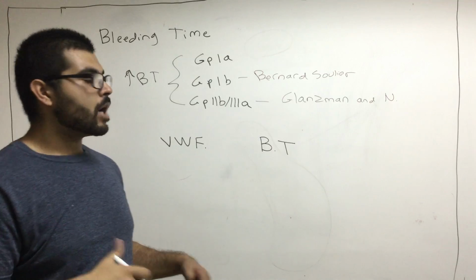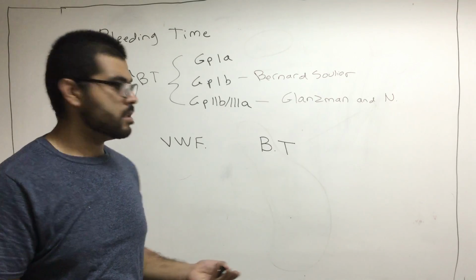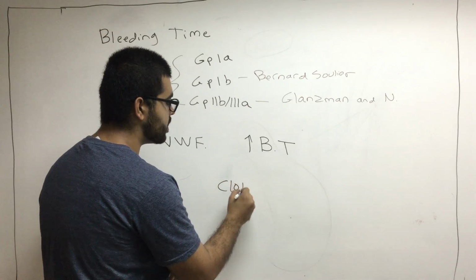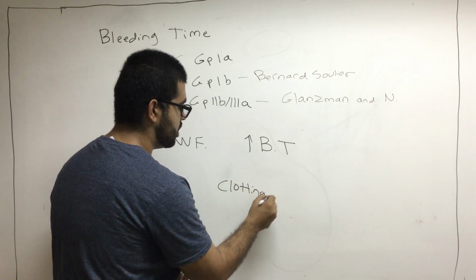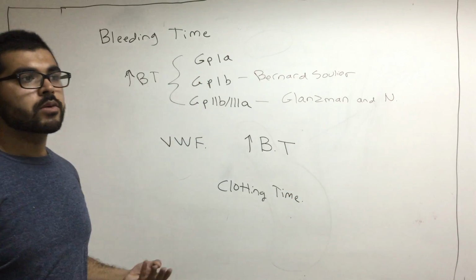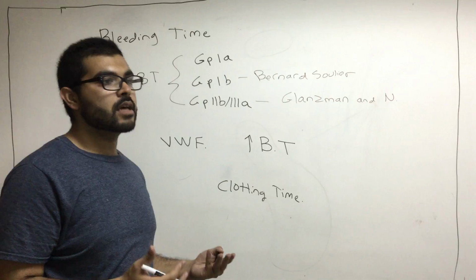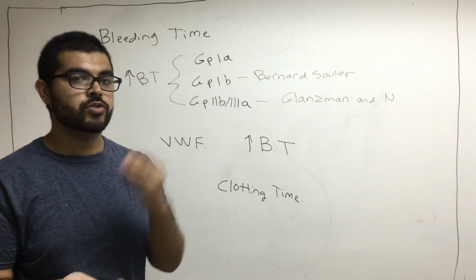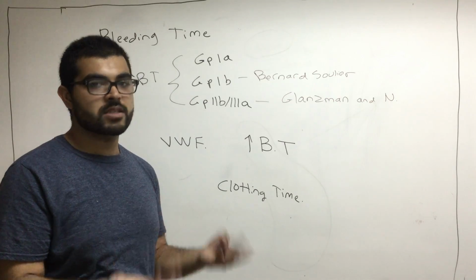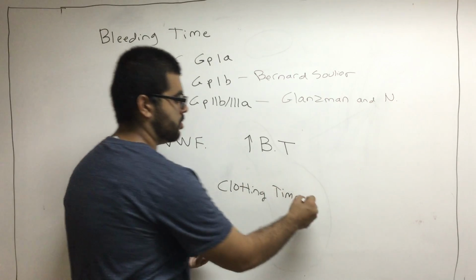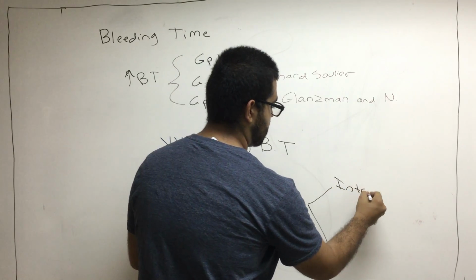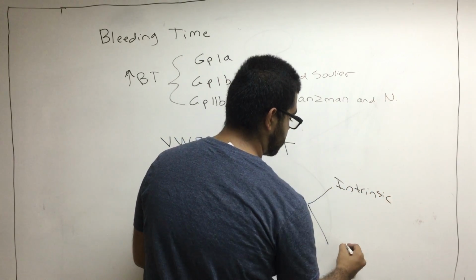But what about our clotting time? Will that go up or no? Well, a defect in the clotting time means that you either have a defect in your extrinsic pathway or your intrinsic pathway, and then you have to know which factor is missing.